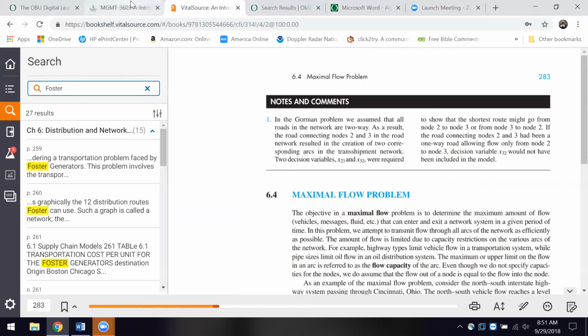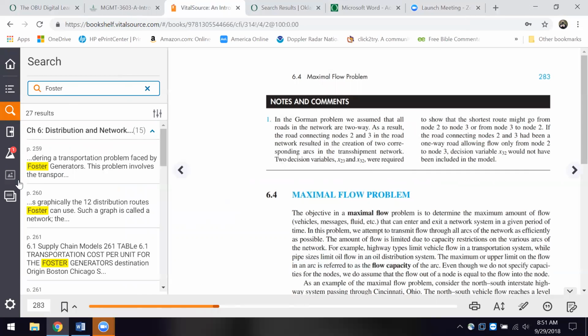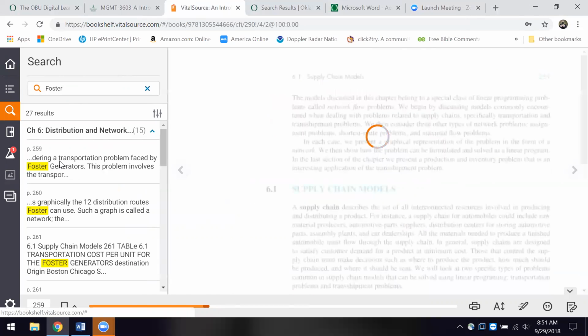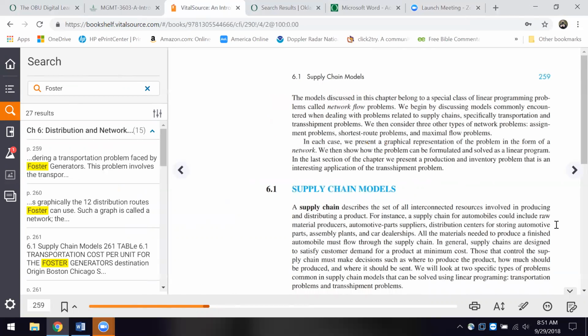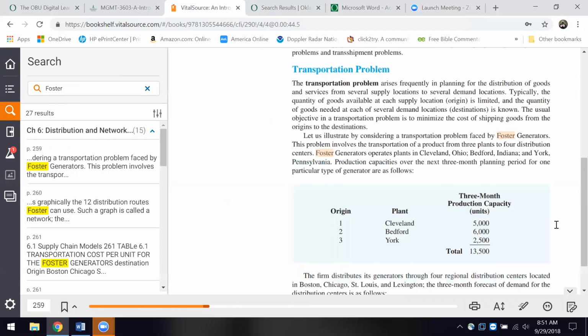Okay. And as I noted there, the Foster case, let's take a look at it quickly. This is Foster Generators, and we talked about this as we delved into supply chain models and the transportation problem.